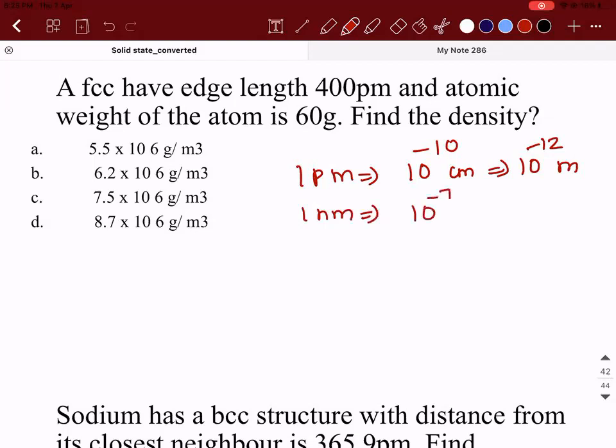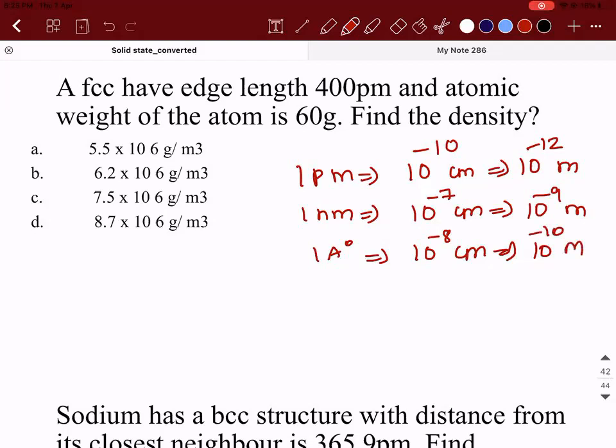This is very, very important. 1 angstrom is equal to 10 to the power minus 8 centimeter, or 10 to the power minus 10 meter. Now I have given everything. Do the problem and say the answer.